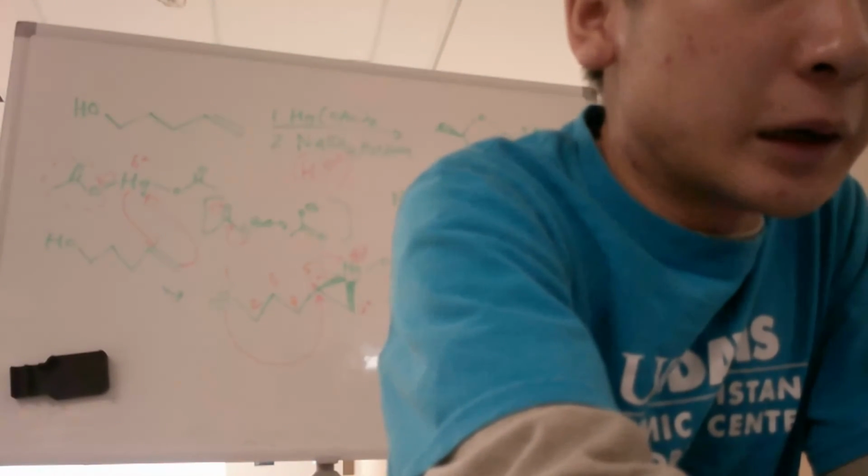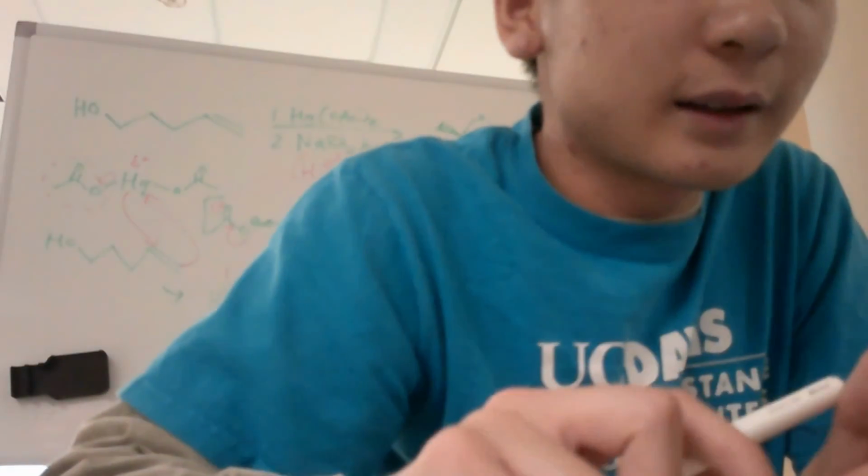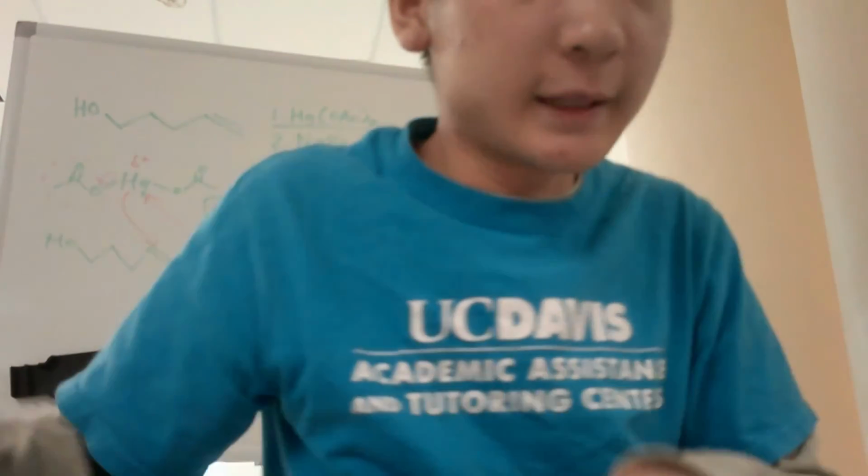I think of scissors cutting the double bond in half and adding oxygens there. But say this is just a line structure and you're just given O3. Then this oxygen has to act as a nucleophile, so it would close the ring. So this ring opening right here is the result of this second step.